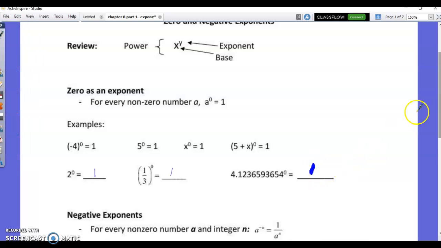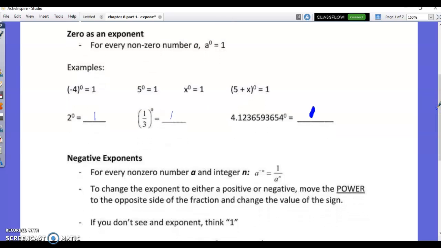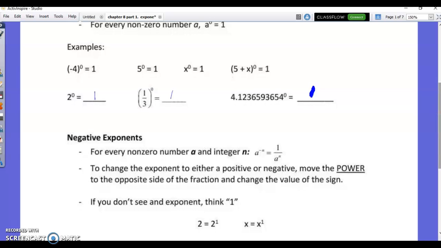All right? Now, for the negative exponent portion, what we're going to practice is writing expressions using only positive exponents. What you notice here is anything to the negative exponent, we can make that a positive by basically moving it to the opposite side of the fraction.